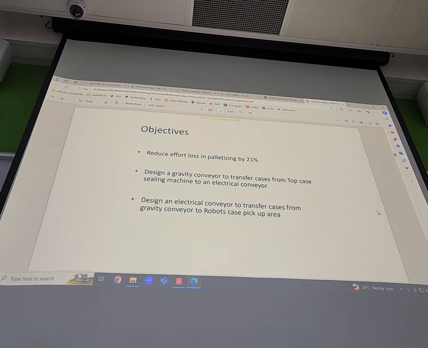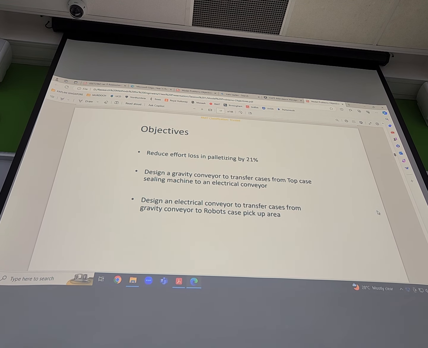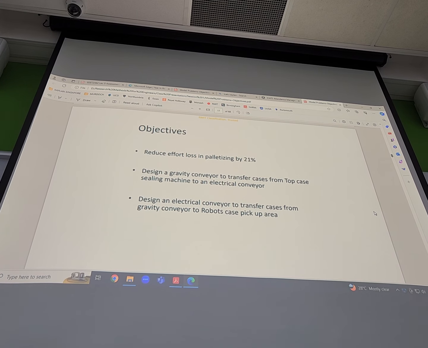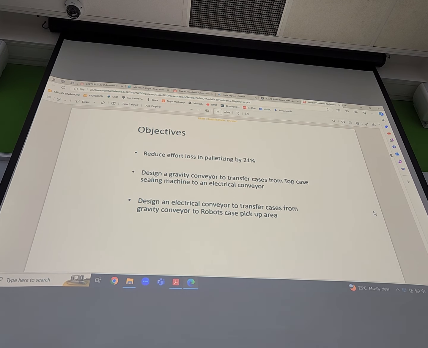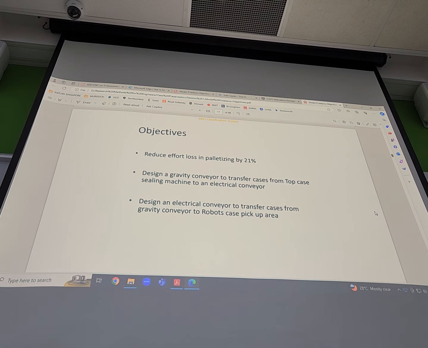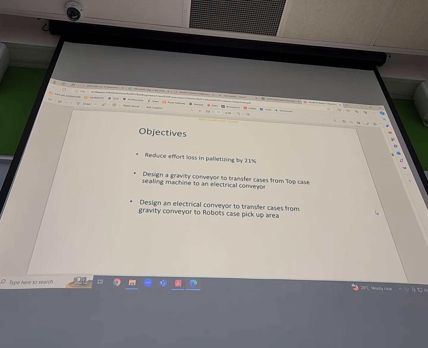So design a gravity conveyor to transfer cases from the top case sealing machine to an electrical conveyor, to reduce the loss by 21%, and also design an electrical conveyor to transfer cases from the gravity conveyor to the robot's case pickup area. So there are different tasks identified. So the objectives are clearly defined.